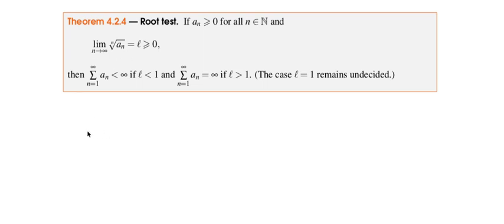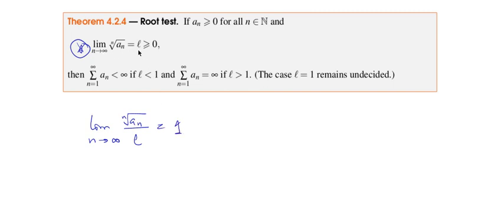And so what's the idea behind this? This is using the limit comparison test. If this is true, the limit of this is true, then we can say the limit when n goes to infinity of the nth root of a sub n divided by L is 1, right?